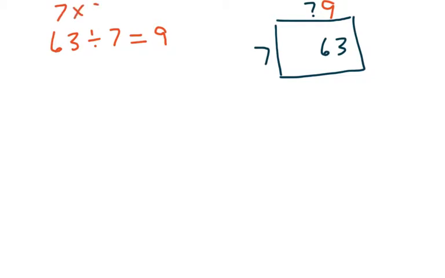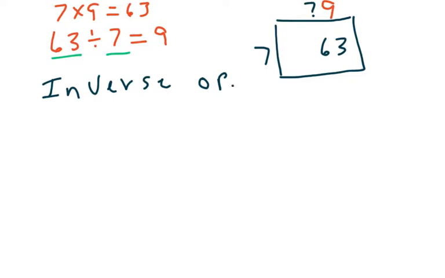7 times 9 is 63, so 63 divided by 7 would be 9. Okay? So multiplication, division undoes it, or if we do the division, multiplication undoes it. So they're inverse operations. I'm not going to write it all out.